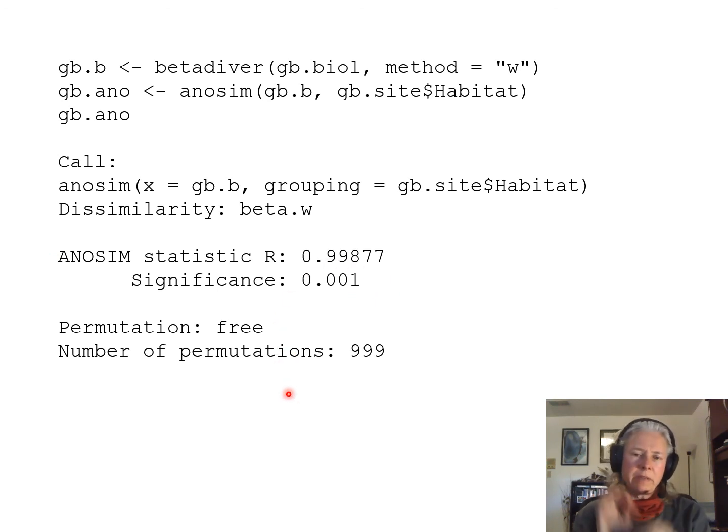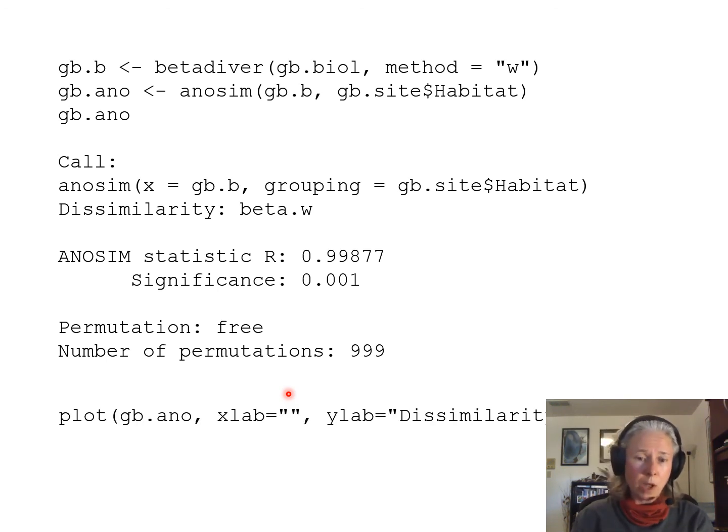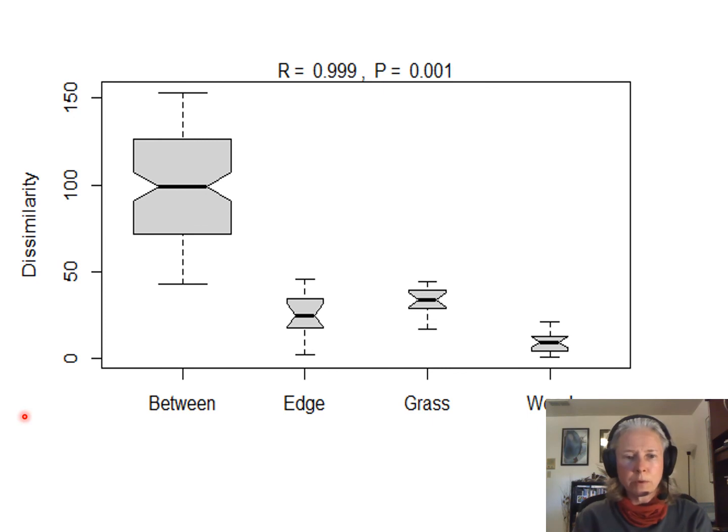What this p-value tells you is just that there's a difference somewhere. And so I also plotted this relationship using plot like this, and this is the result that you get. This graph shows that the dissimilarity between groups was higher than the differences within groups.